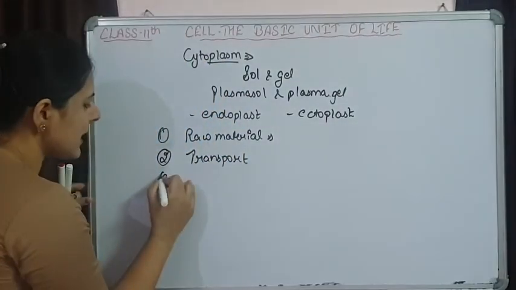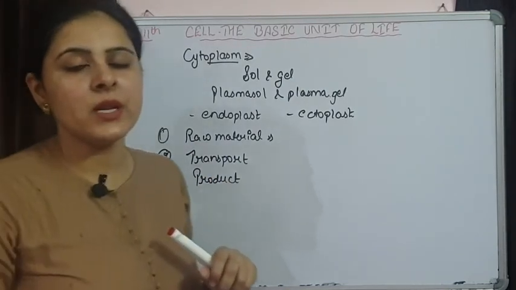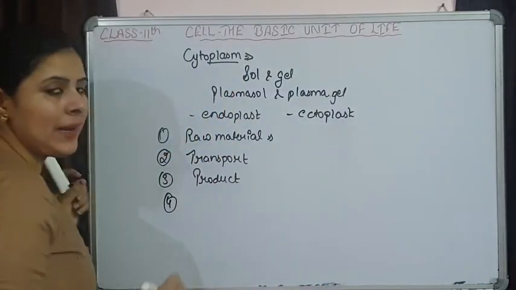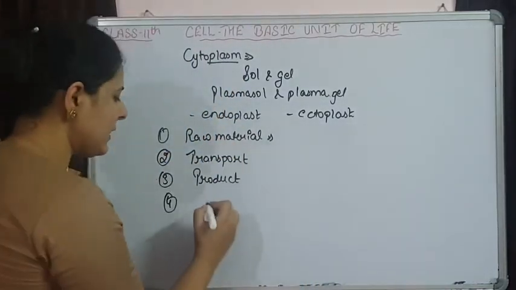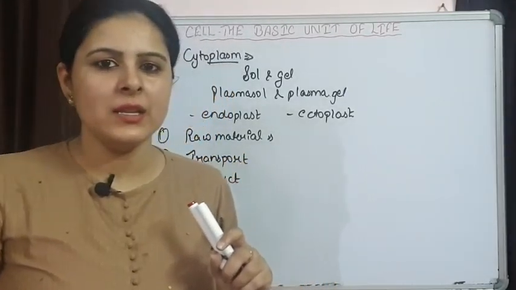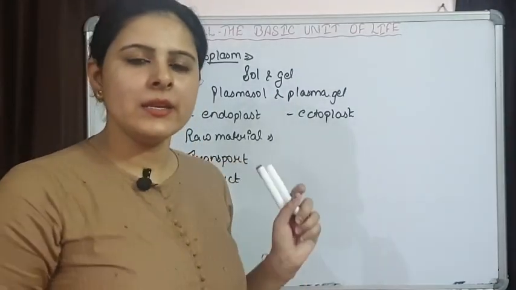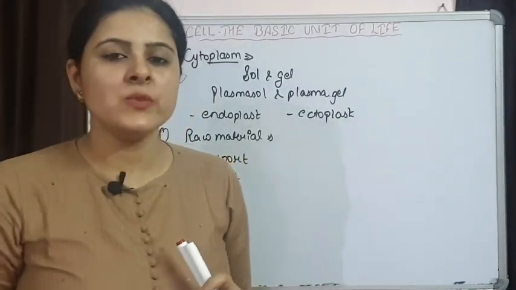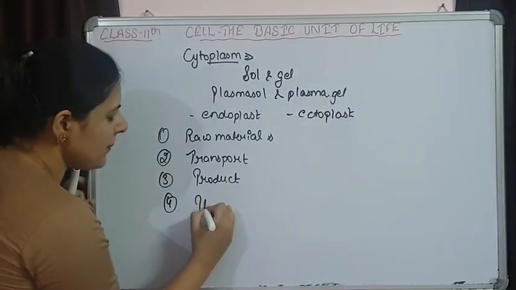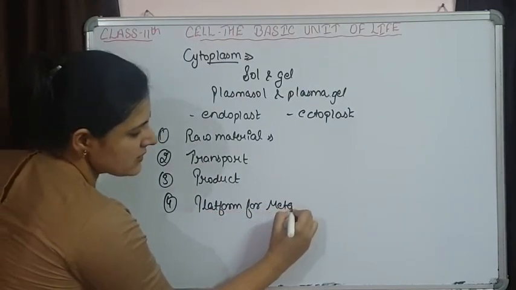It is also a site of release of products. It is providing a platform for different metabolic activities, because lots of activities occur in the cytoplasm of the cell. Like in plants, various respiratory steps such as glycolysis occur in the cytoplasm, and translation, most importantly, occurs in the cytoplasm. So it is providing a platform for metabolic activities.